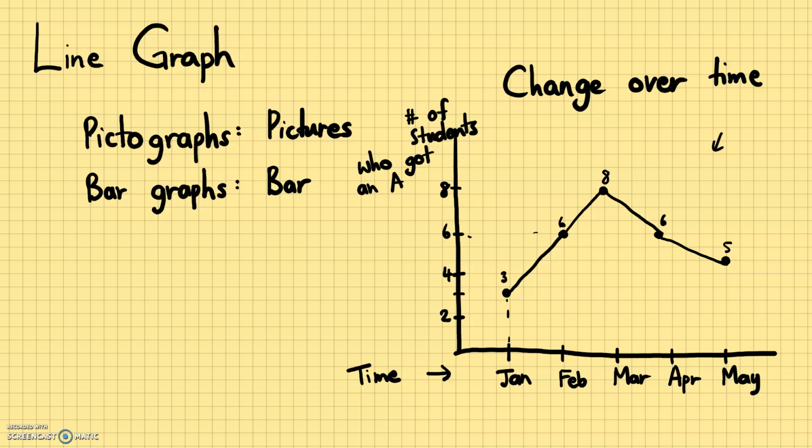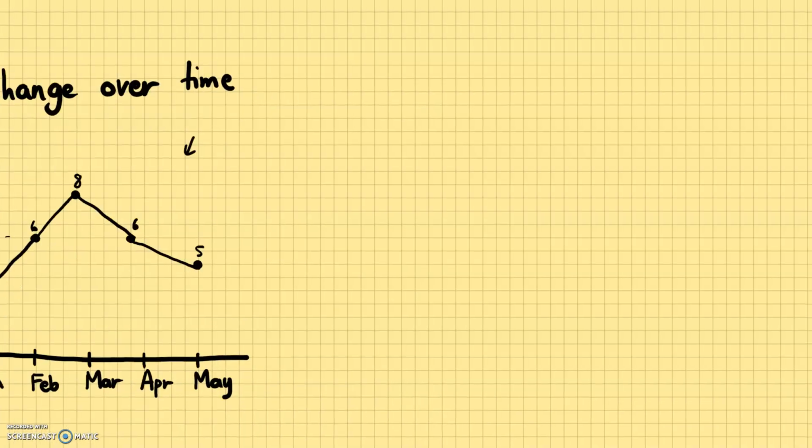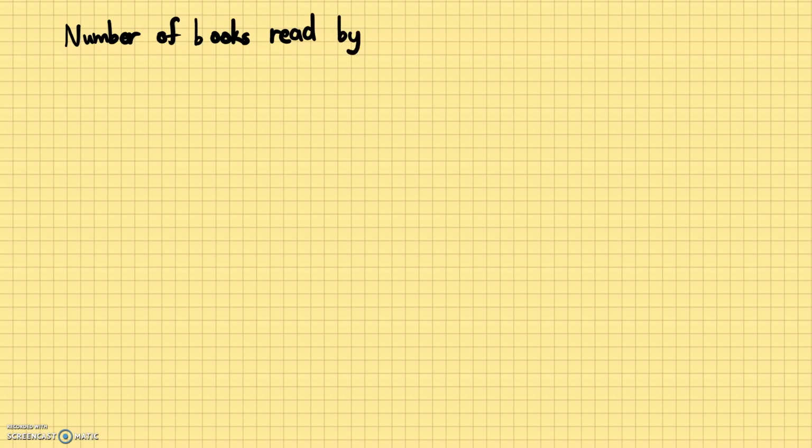Okay, so let's try and draw a line graph given some data. This can be the number of books read by Julia for 6 months.